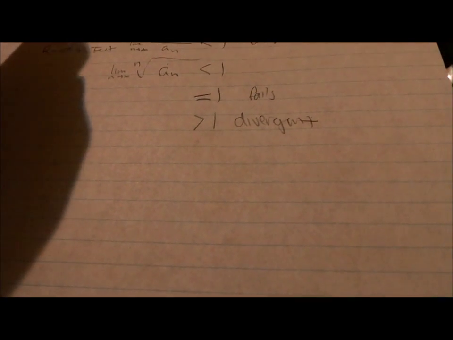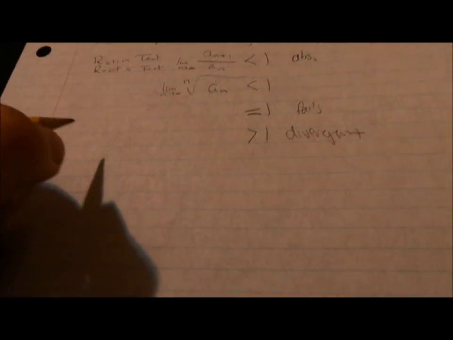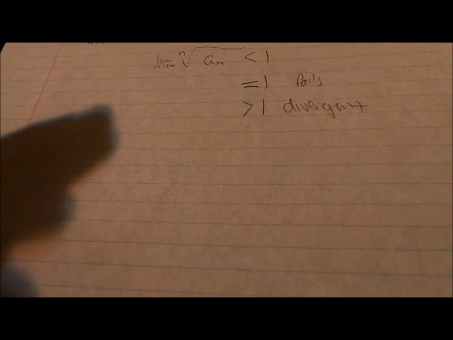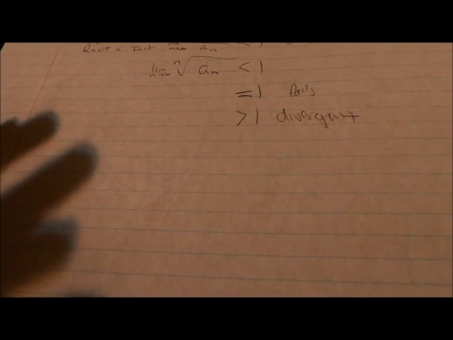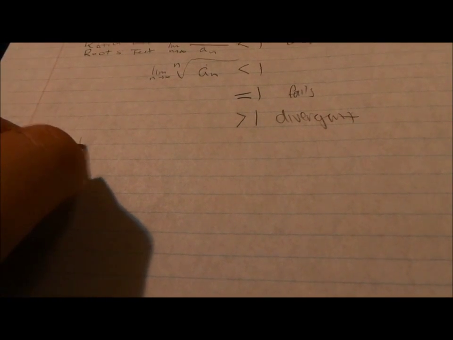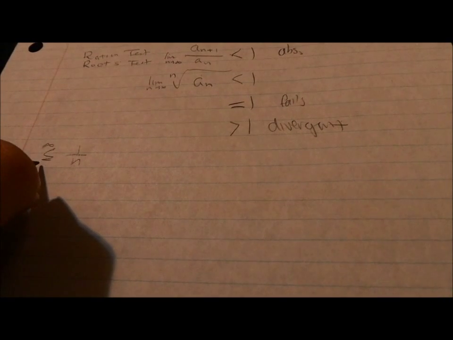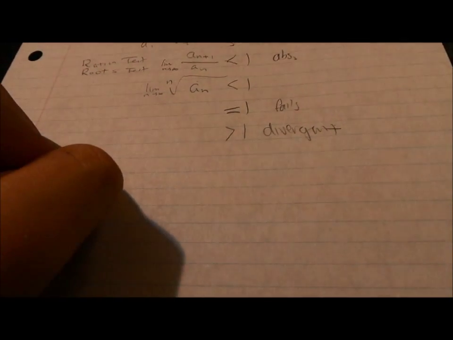Now, going back to conditional convergence, we will look at an example of a very basic, very elementary harmonic series, 1 over n. Now, we all know 1 over n diverges.